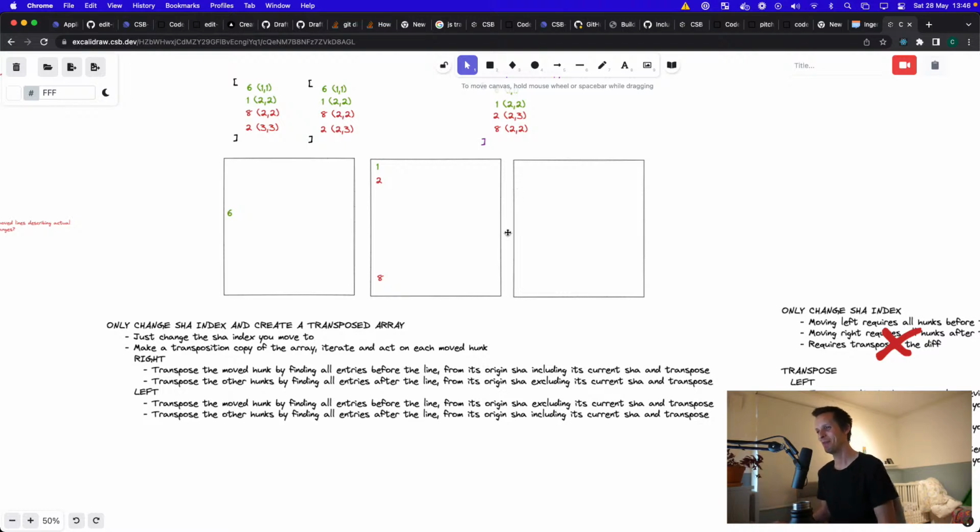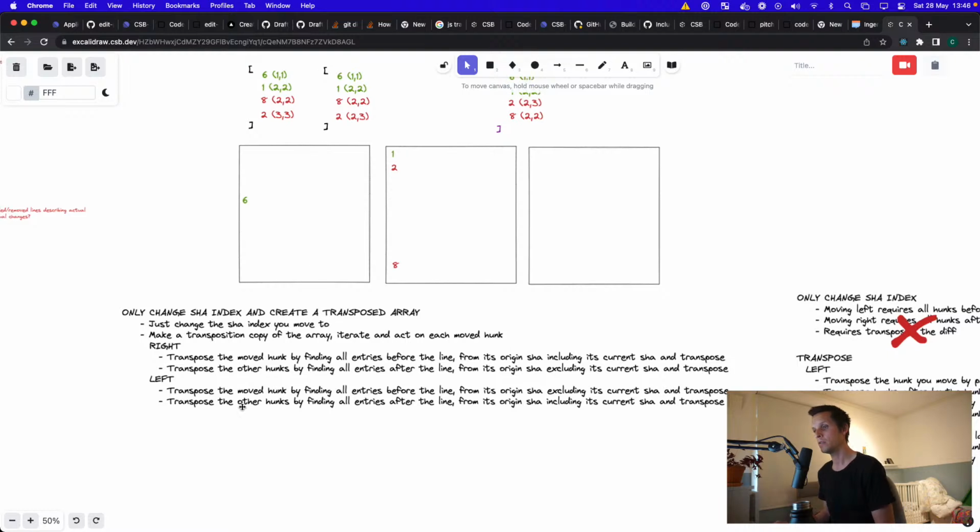Transpose the moved hunk by finding all entries before the line from its origin SHA, excluding its current SHA, and transpose. So in this case, there's nothing there. So it doesn't need to transpose.